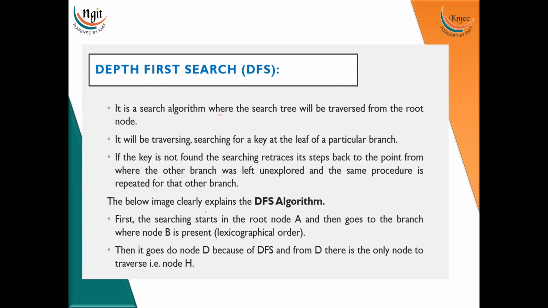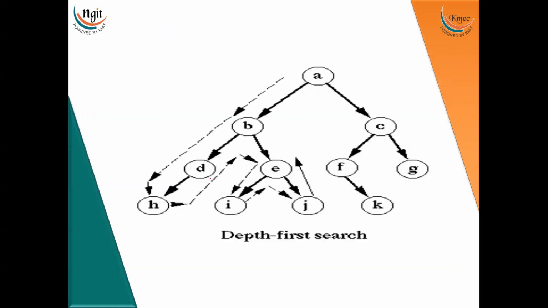Let us explain this with the help of a diagram. You can look at this image. Let us say this is the initial state and this is the goal state. How do we reach the goal state from the initial state with depth first search?